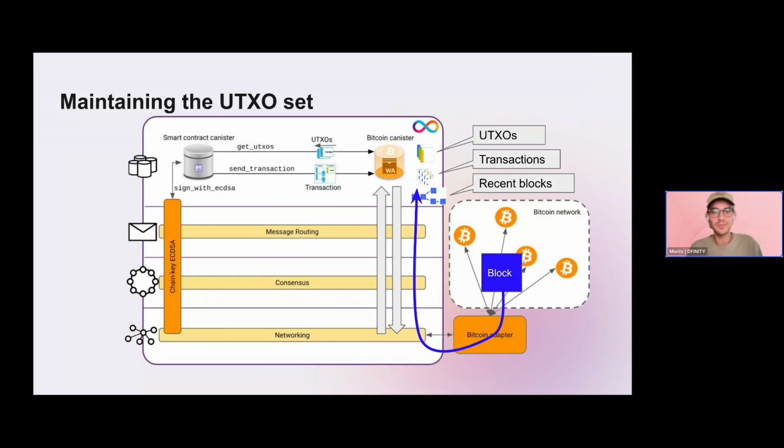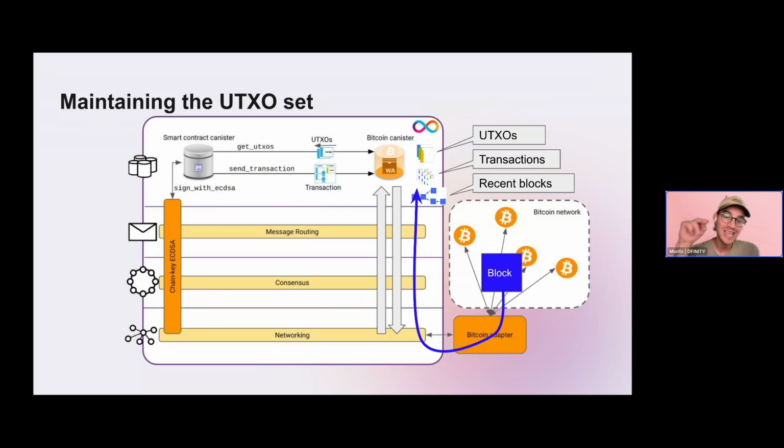The on-chain UTXO set is managed by the Bitcoin canister and the Bitcoin adapter communicating through the internet computer's protocol stack. This is what the blue arrow is indicating. The process starts with the Bitcoin canister requesting successor blocks to the latest block it received from the adapter.